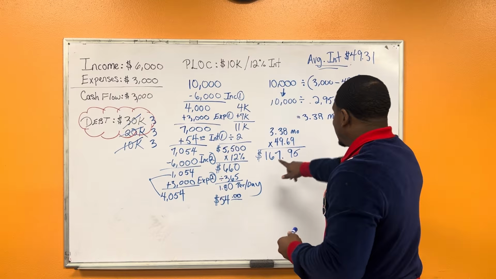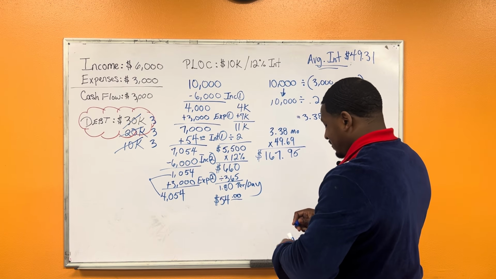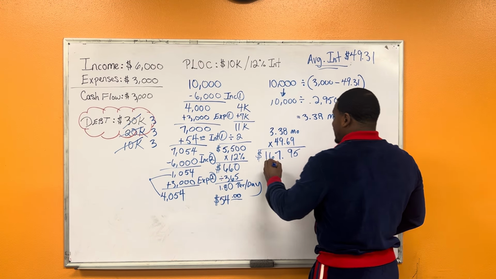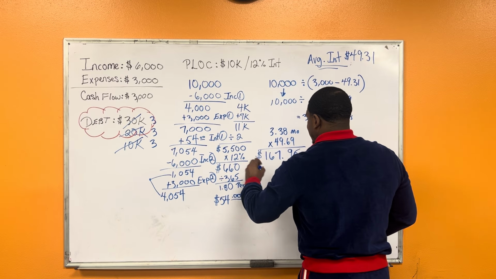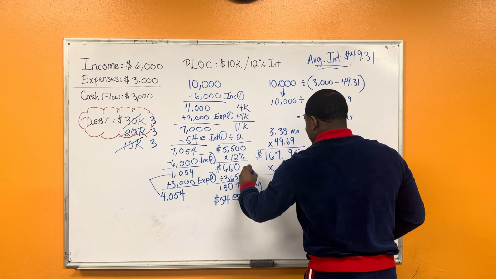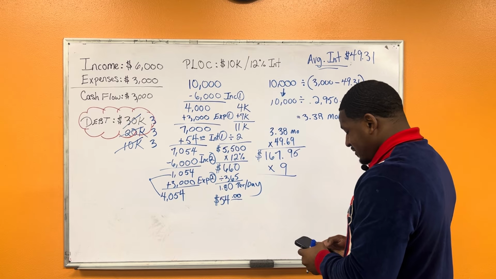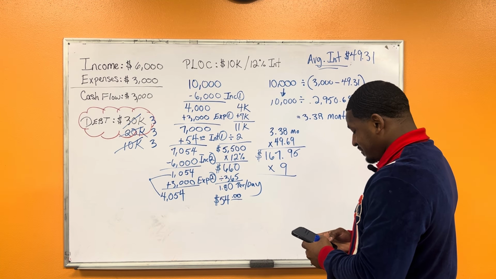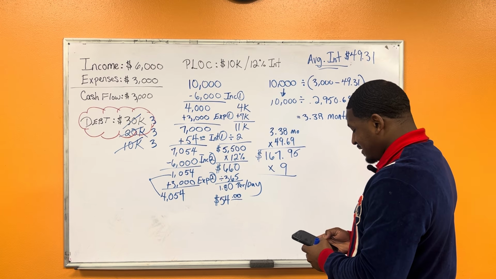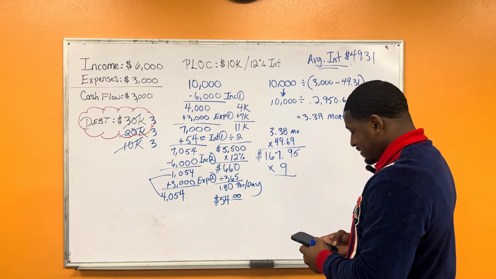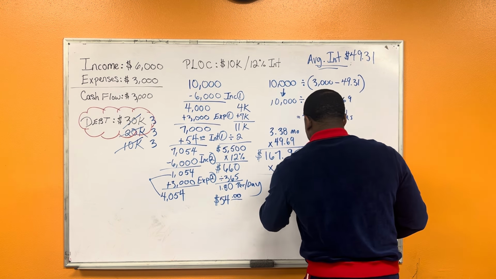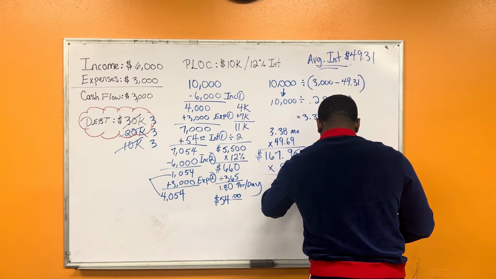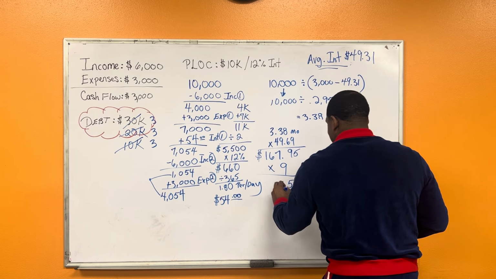Now, let's get this number, right? Let's get this number and multiply it by 9. So we do 167 times 95 times 9. So now we're at 1,555 cents.